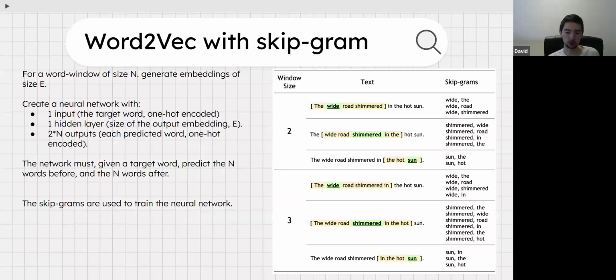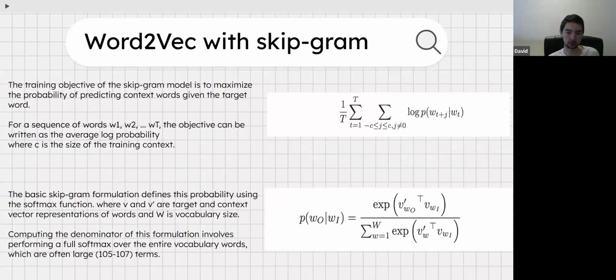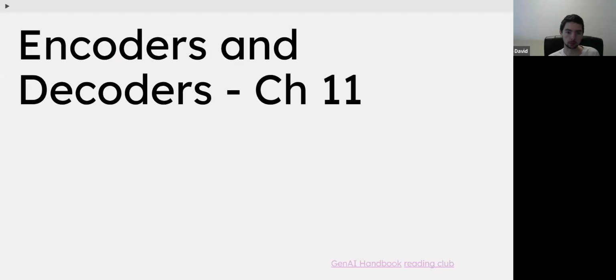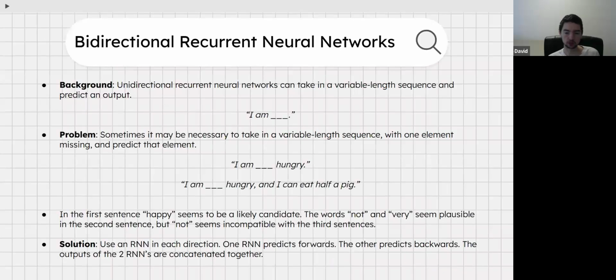We may want to predict outside of the window, or just predict the next word, for example. And we can use a recurrent neural network to take the entire sequence and predict the next item.